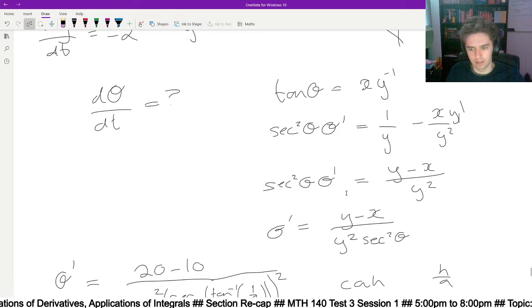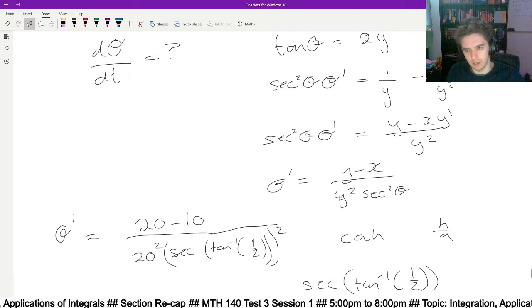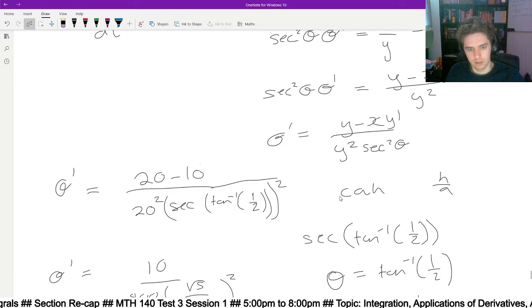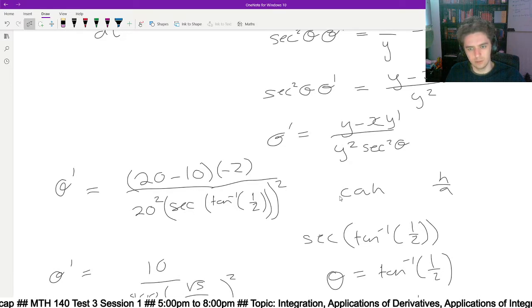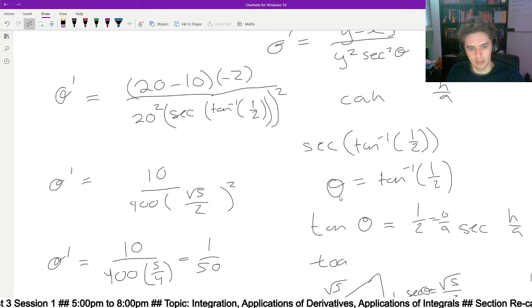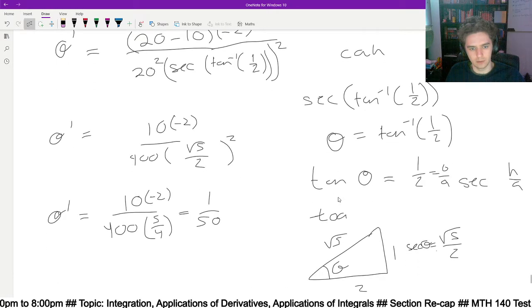And I'm missing a y prime there. And here. So this is a negative 2, and so then this is going to be a negative 2 here, negative 2 here.